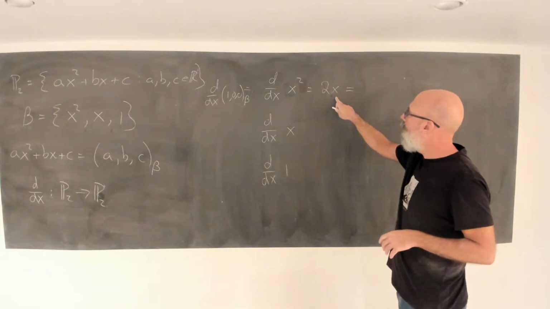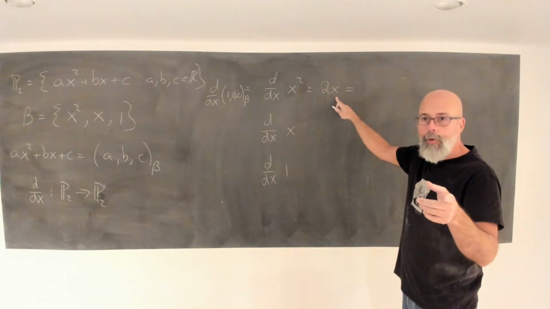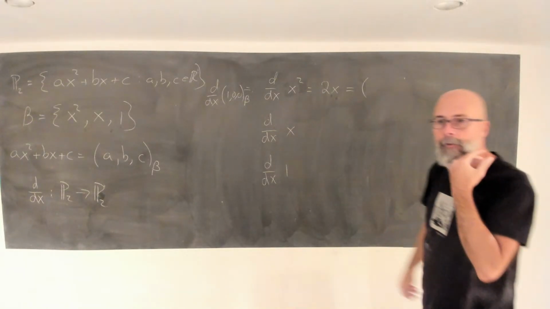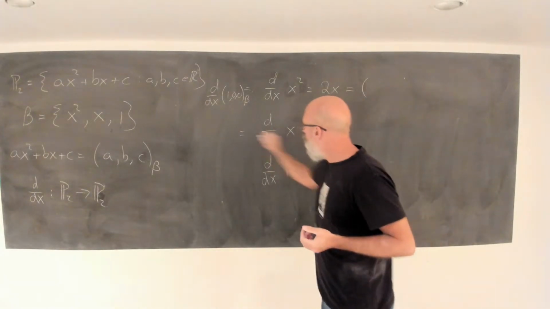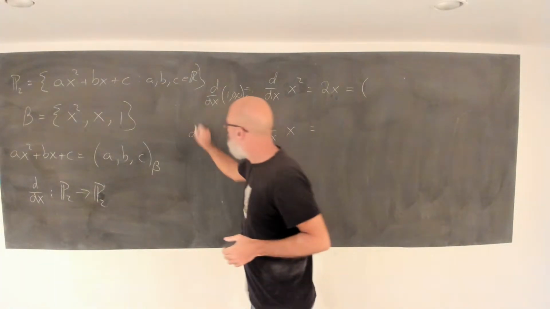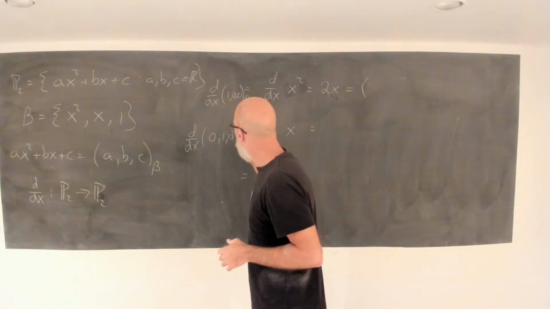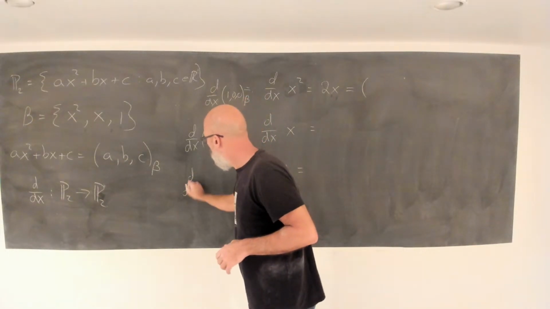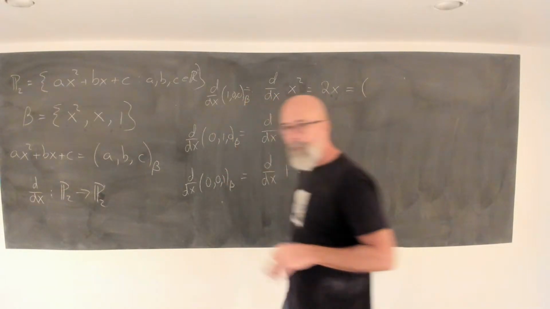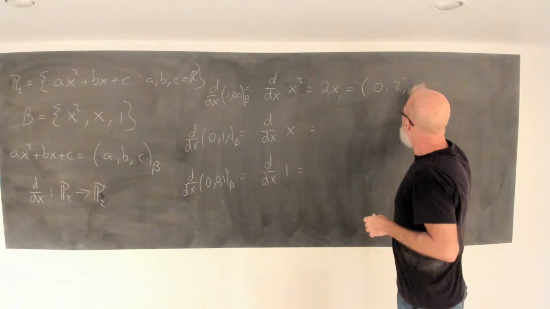Let's rewrite the vector 2x in the basis B. What is the representation of 2x in the basis B? And we'll do the same for the other ones. Very nice. (0, 2, 0).